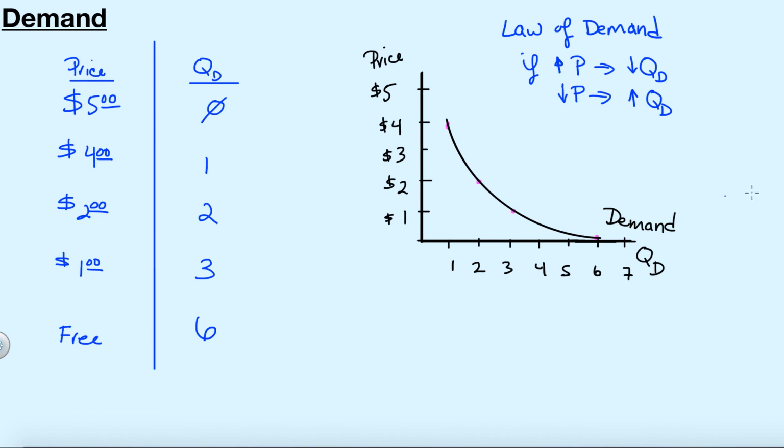So this represents a movement along the curve, which is extremely different than what happens when we shift the curve. This just simply means that we are moving along our existing demand curve from one point to another. Movements along the curve are very different than shifts of the curve. And next we're going to look at what happens when we have shifts of our entire demand curve.